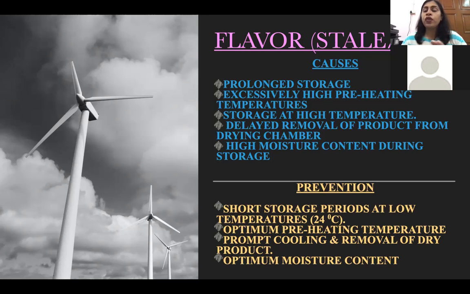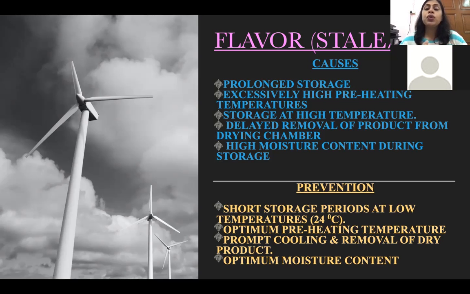So what we have to do is keep the product for a short period of time at room temperature, 24 degrees centigrade. The procedures followed in its production should be optimum. That is, the preheating temperature should be optimum, and the product should not be kept for longer periods in the drying chamber.